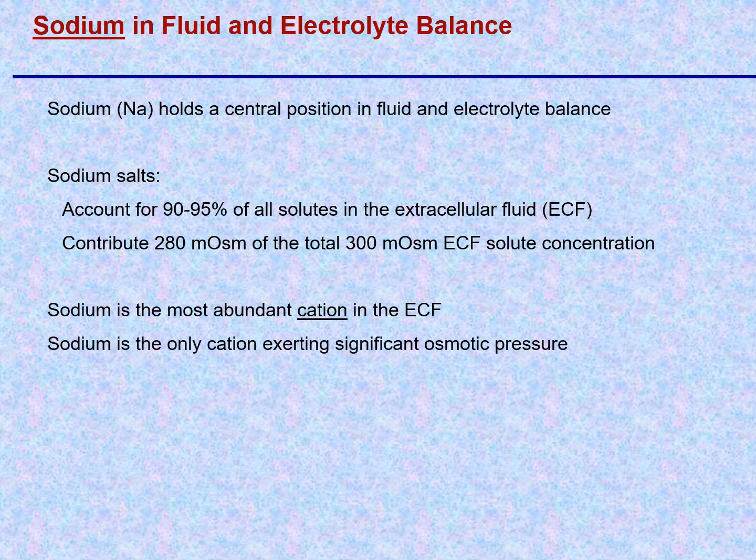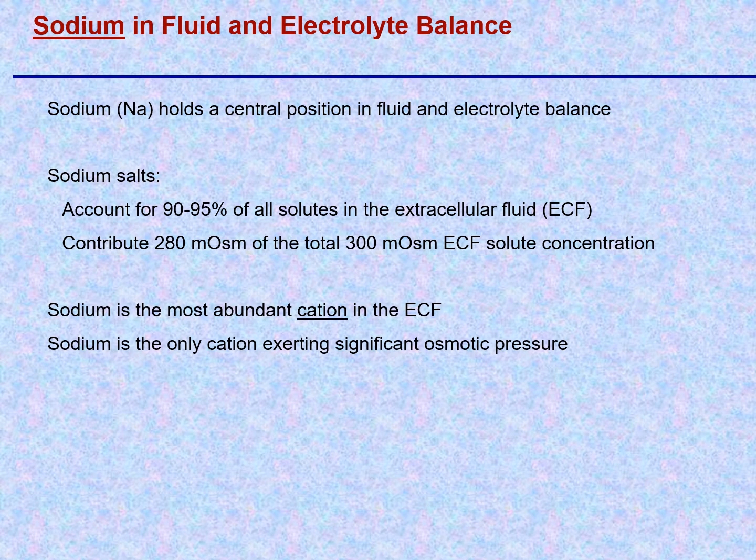In terms of sodium in fluid and electrolyte balance, sodium holds a key central position. Sodium ions account for 90 to 95% of all the solutes in extracellular fluid, which means that of the normal level of 300 milliosmoles in extracellular fluid, usually about 280 milliosmoles is due to sodium salt.